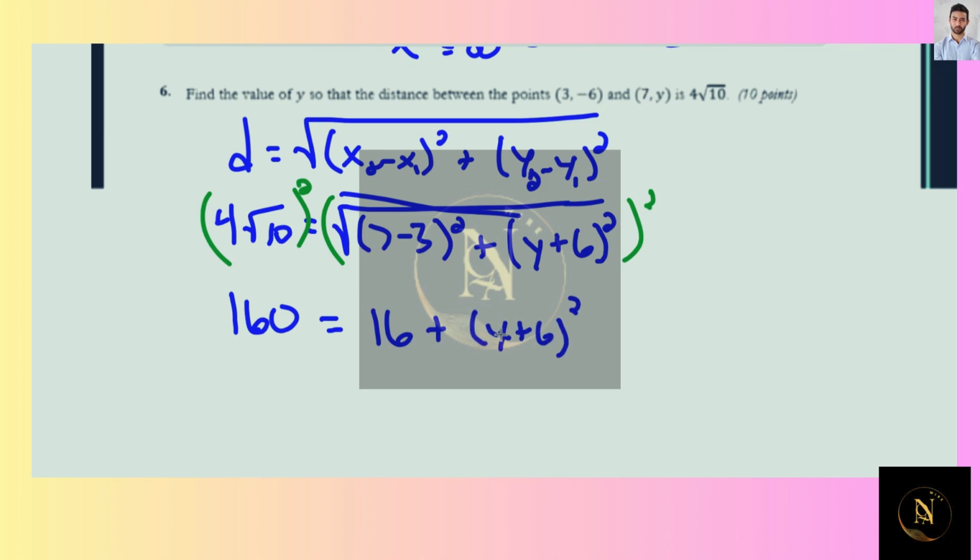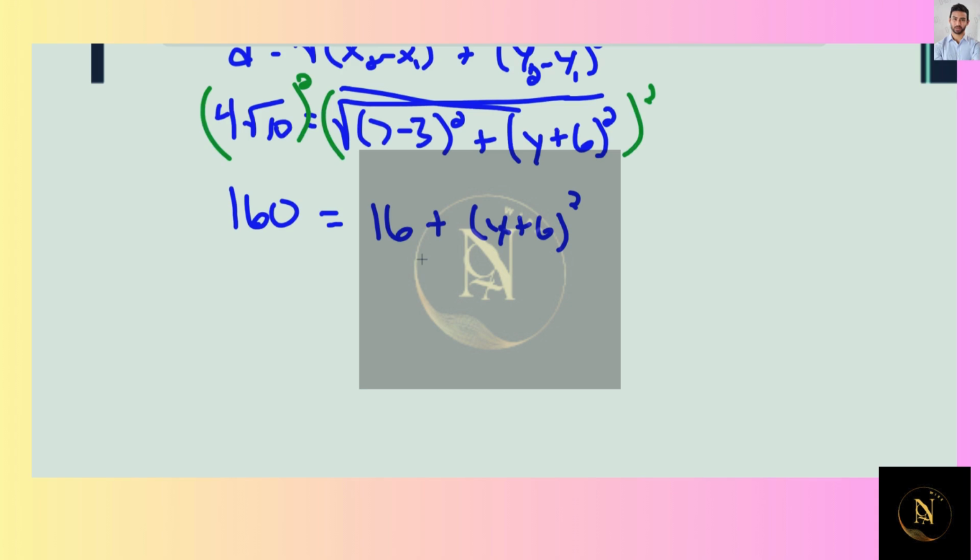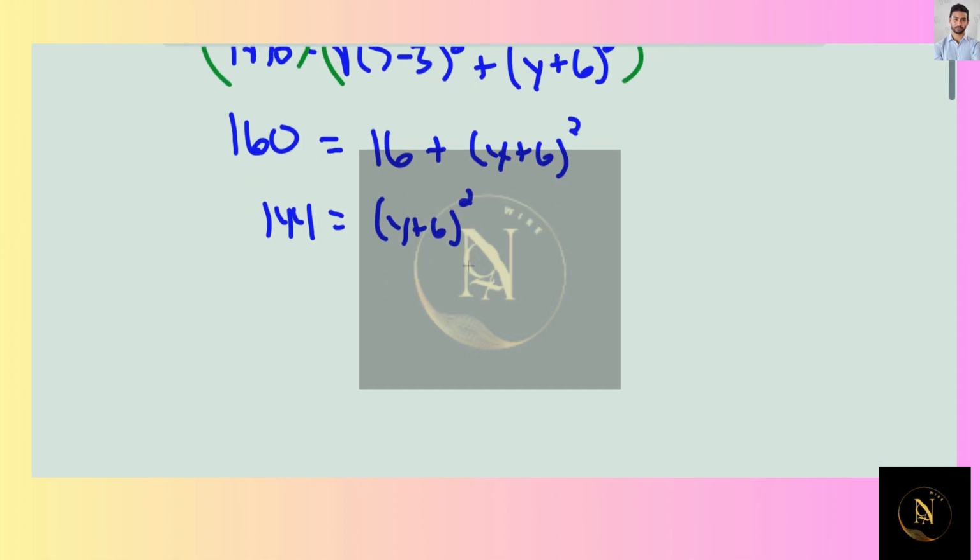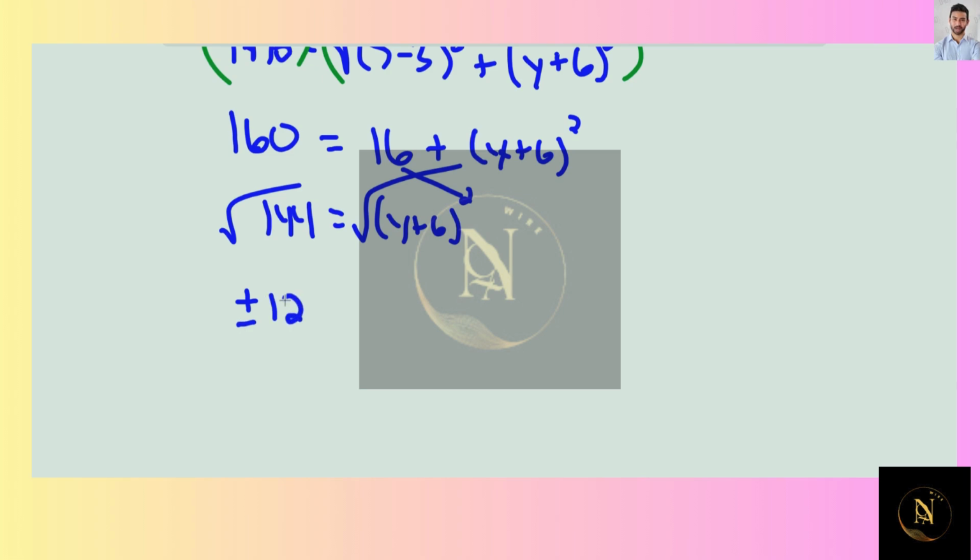Let's isolate the power so that we can square root both sides. So 160 minus 16 is 144. Square root both sides. And since we're dealing with a square root, this is technically positive and negative 12.